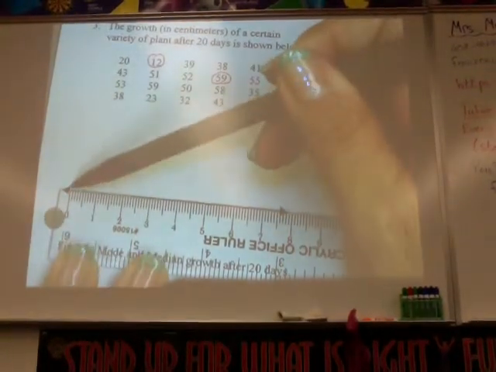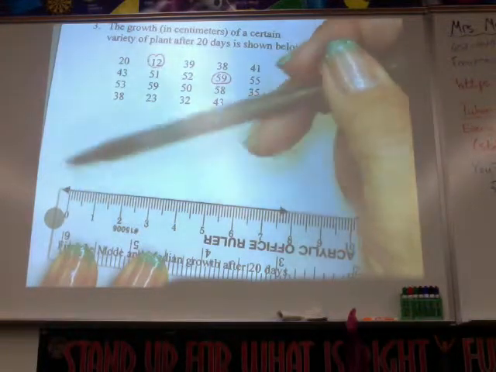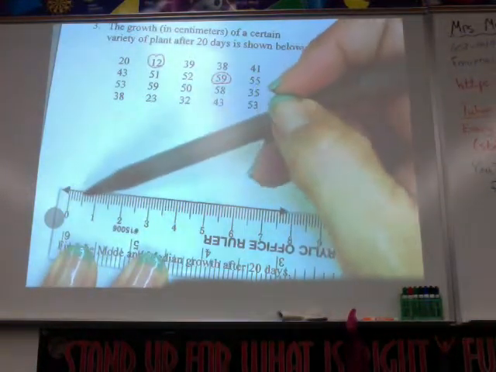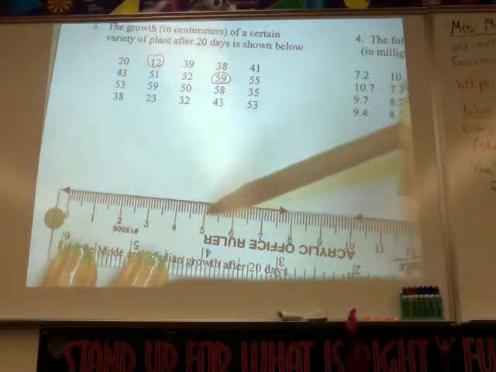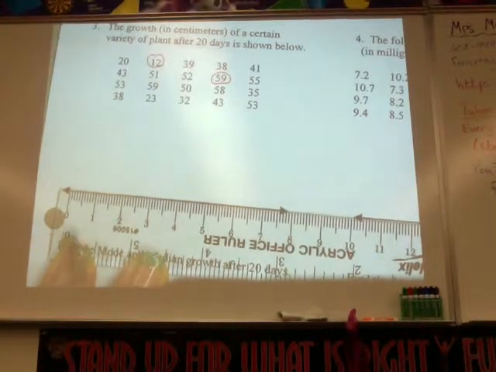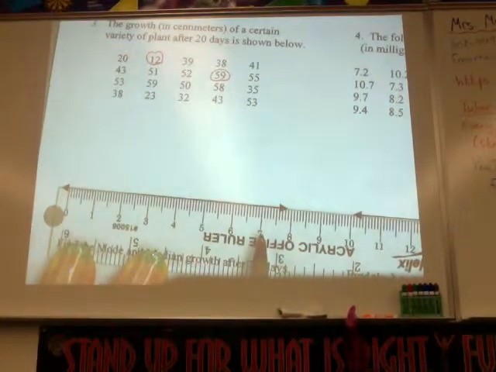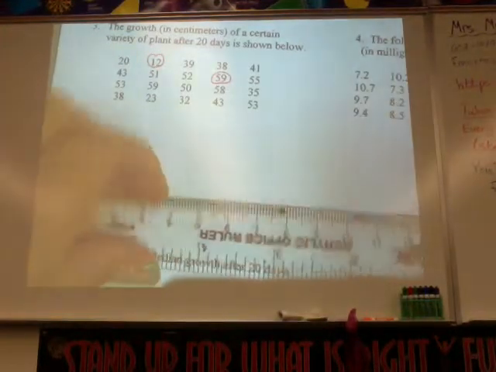So if I start here at 10, and I go increments of 1/2 of a centimeter, I would have 10, 15, 20, 25, 30, 35, 40, 45, 50, 55, 60. It's squishing it just a little bit, isn't it? So I actually have 7 plus 5. I actually have 75 millimeters, don't I?